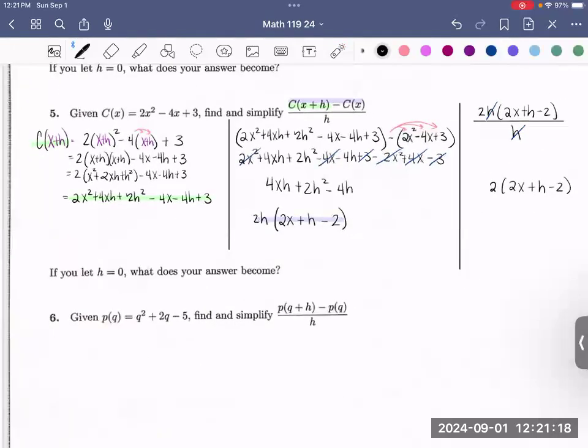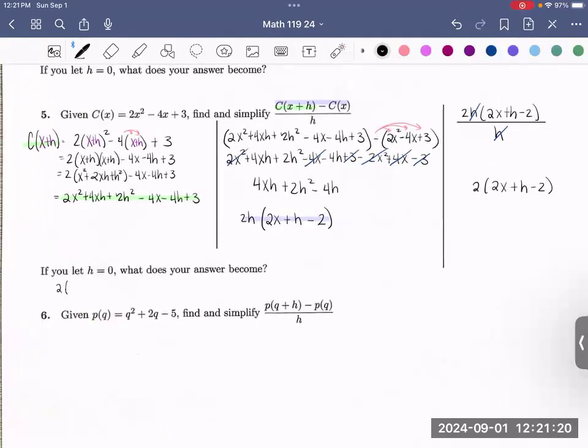So if h is equal to 0, we can then plug in h. We get 2x plus 0 minus 2 to be 2 times 2x minus 2. And distributing, we should get 4x minus 4 here. So that would be our final answer.